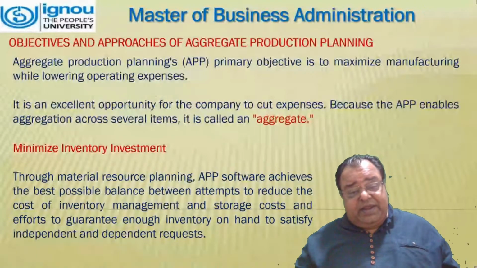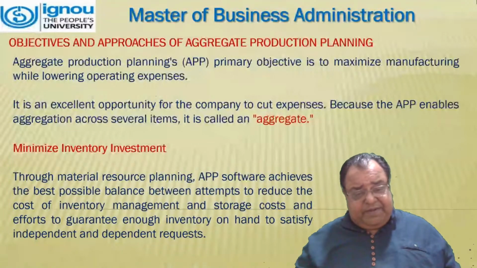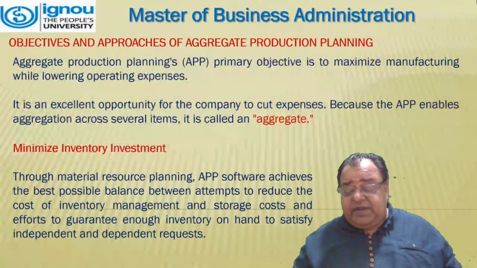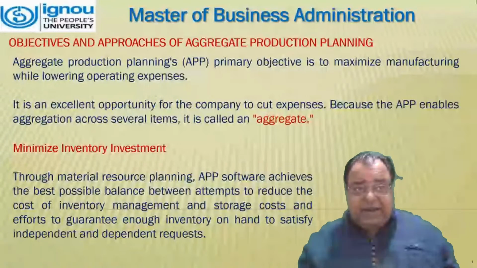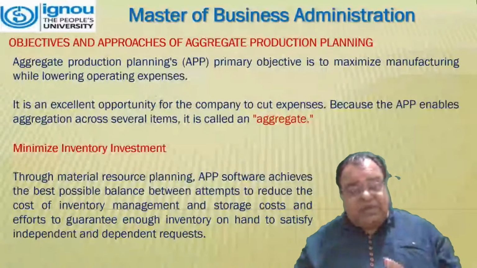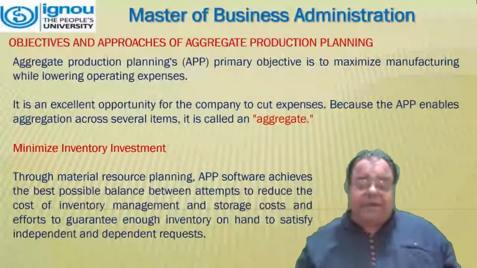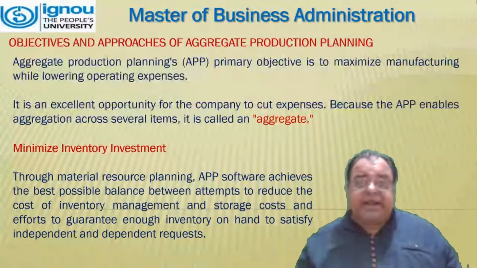Minimize inventory investment. Through material resource planning, APP software finds the best possible balance between inventory management and storage costs and effort to guarantee enough inventory on hand to satisfy independent and dependent requests.